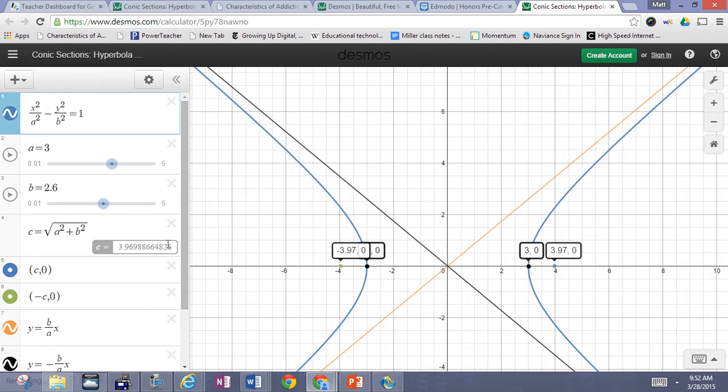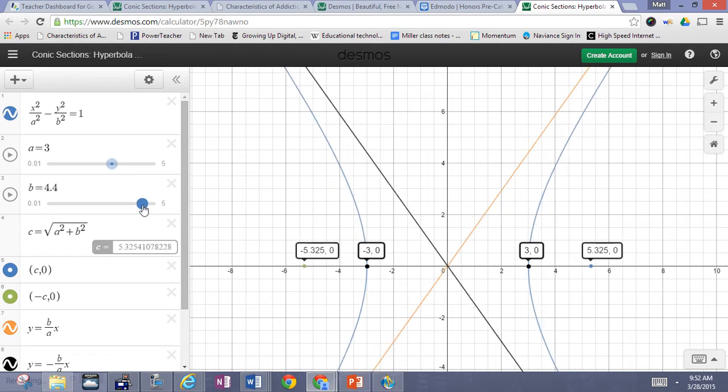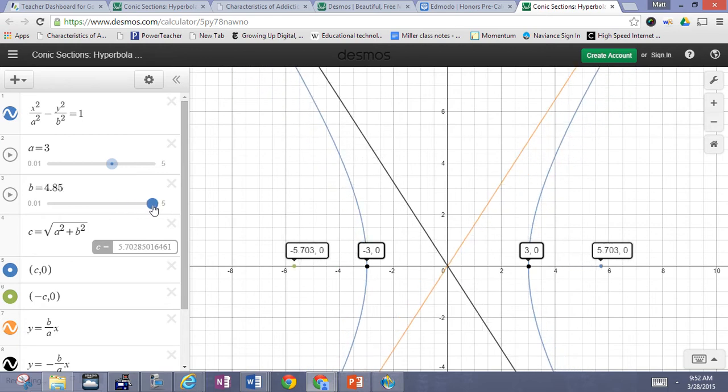That's the focal length. The focal length is going to, as you can see, drift further away from the vertex point just by this Pythagorean relationship here.